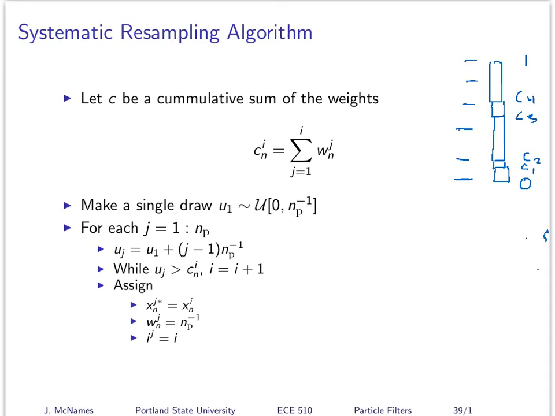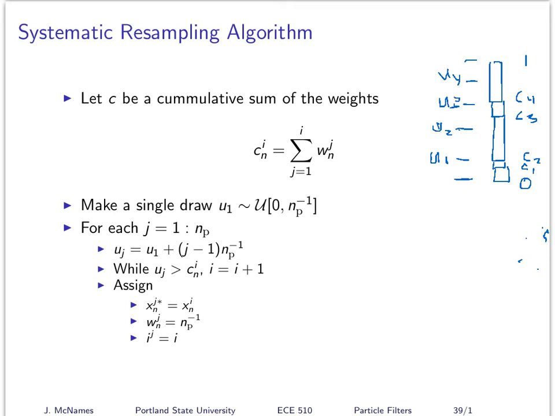So these would be U1, U2, U3, and so on. It's hard to write with this thing. I apologize for that being so sloppy, but you get the idea.